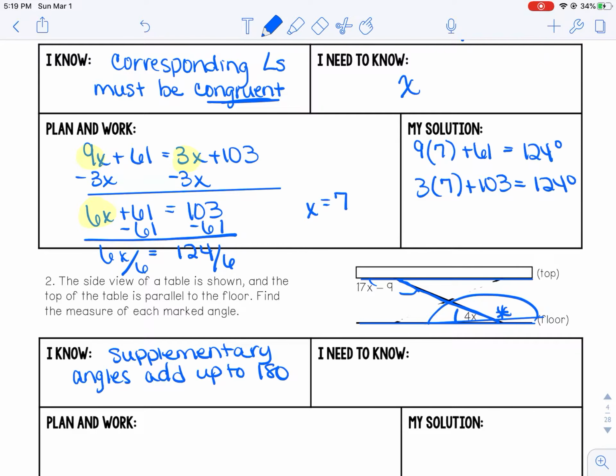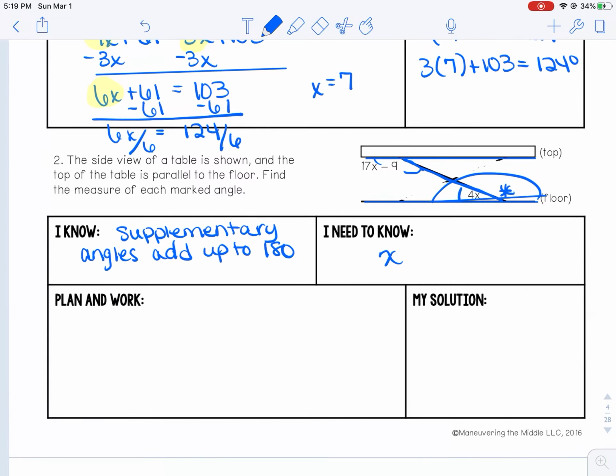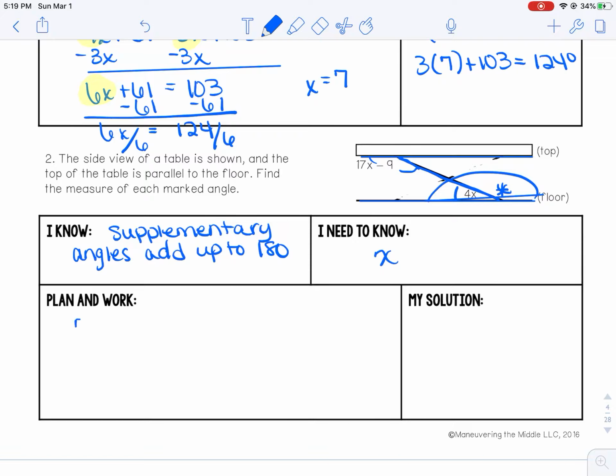We still need to know what x is before we can figure out what those two measurements are. Okay, so again, 7x minus 9 plus 4x is equal to 180. Here your two variable terms are on the same side, so all we need to do is combine 7x and 4x. That's going to give us 11x minus 9 equals 180.